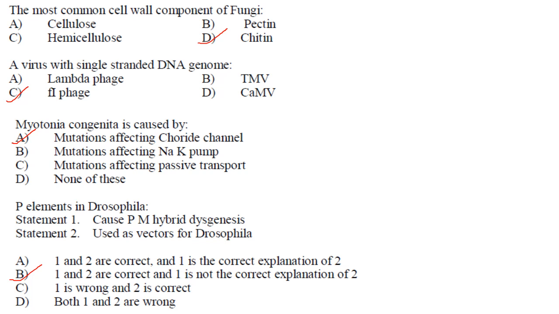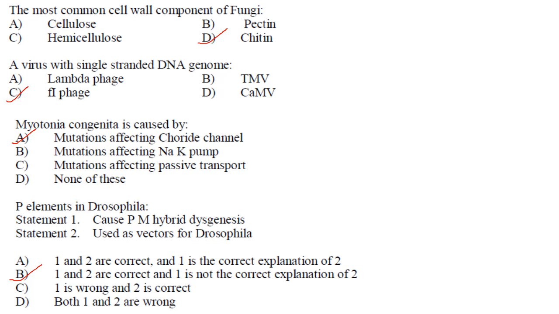Then myotonia congenita is caused by. Myotonia congenita is a neuromuscular channelopathy that affects the skeletal muscles, and it is characterized by delayed relaxation of the muscles, called myotonia, and also rigidity. This disease appears to be linked to the CLCN1 gene, which is required for the normal functioning of the chloride channels in skeletal muscle cell membranes.